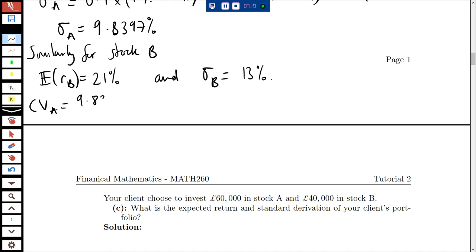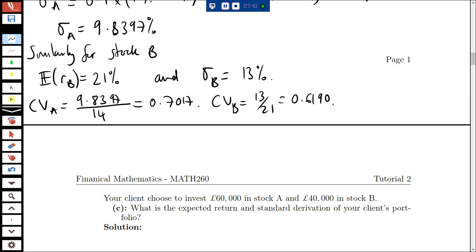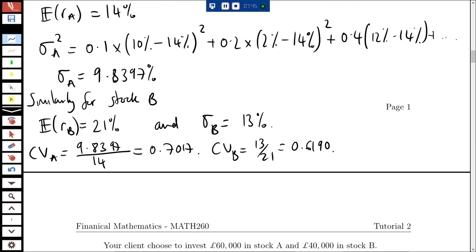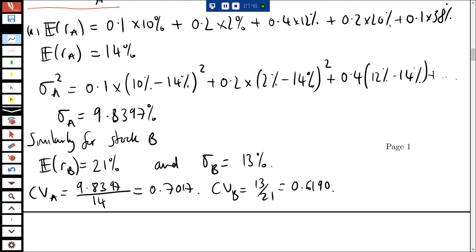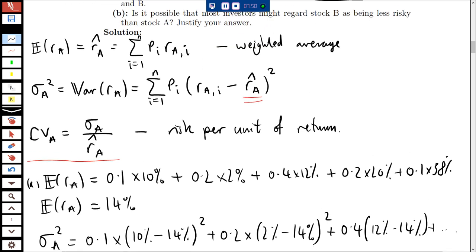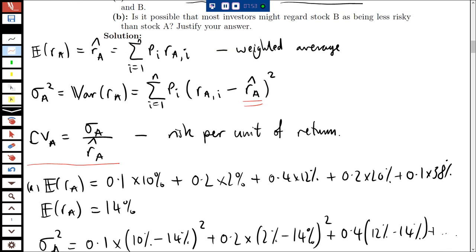So 9.8397 divided by 14, which is 0.7017, and similarly for stock B, 13 over 21, which is 0.6190. Just check those in a calculator. Okay, so that completes part A. We've done all the number crunching using these standard equations, which are on the formula sheet.